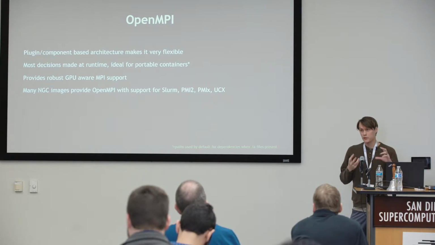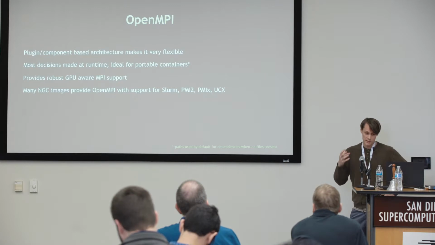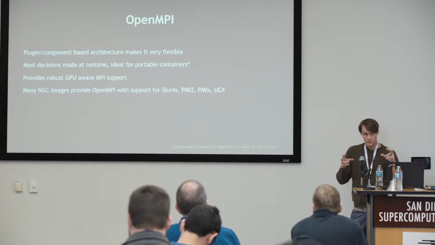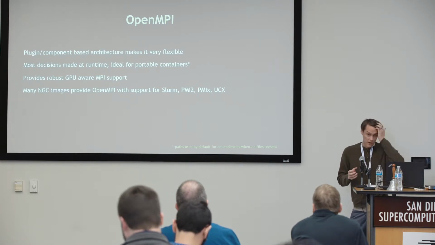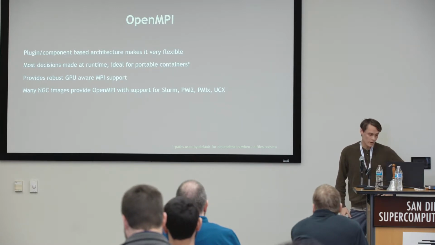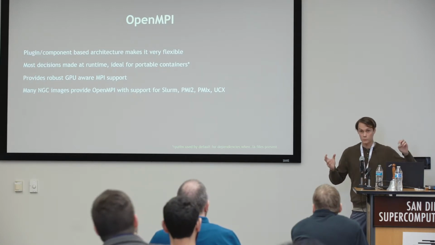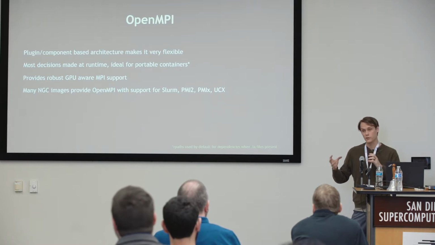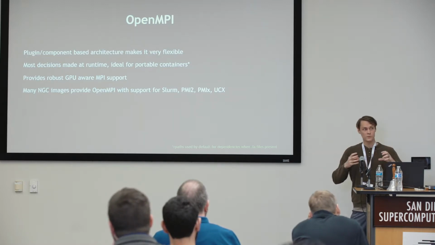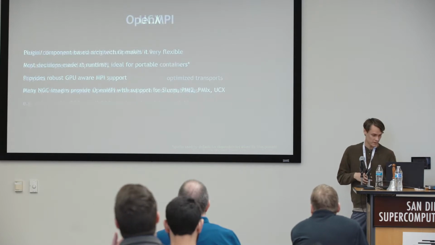OpenMPI has a plug-in or component-based architecture with a lot of the decisions on which component should be used saved until runtime. And this makes it really ideal for portable containers. So for instance, we can put OpenMPI inside a container, load it up with lots of components, and then at runtime, based upon the system we're running on, the correct component will be picked. And I'll go over some of those components now.